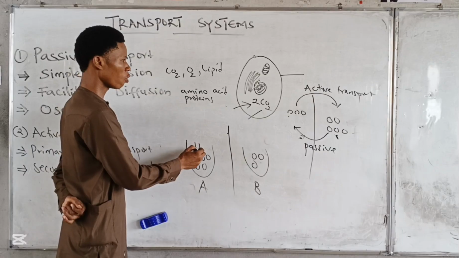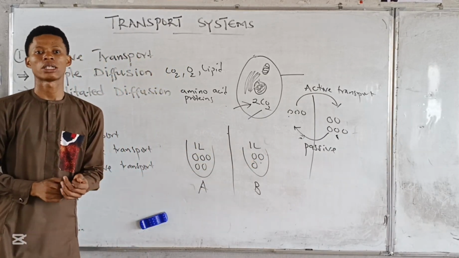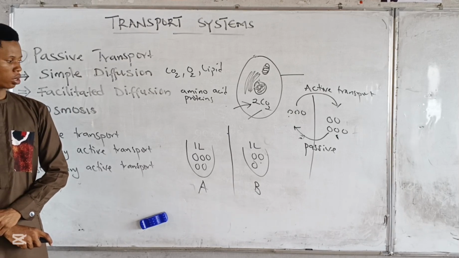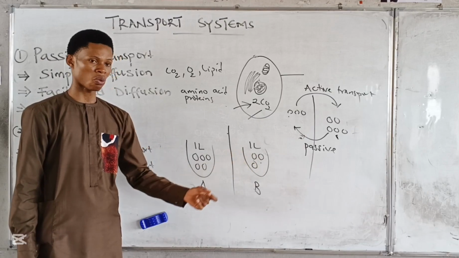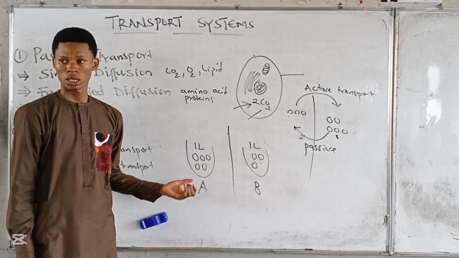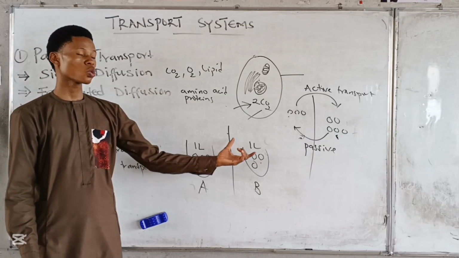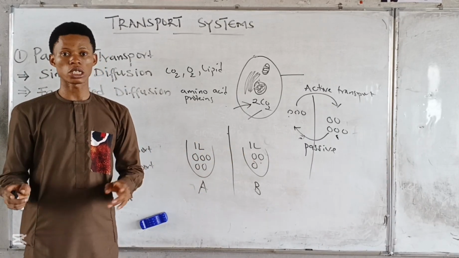And I add 1 liter of water here, and I add 1 liter of water here. Which one will be more concentrated, A or B? A. Right? Now, the purpose of osmosis is to make the two concentrations equal.